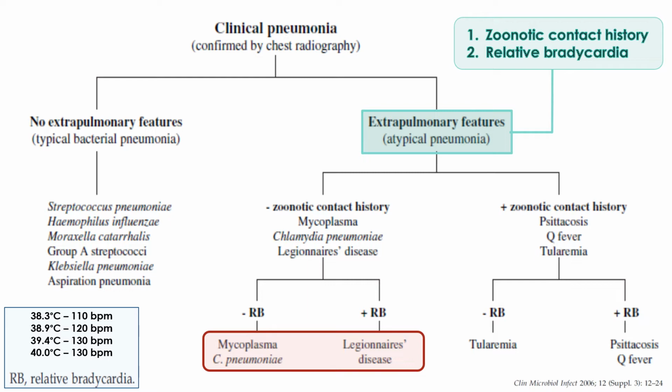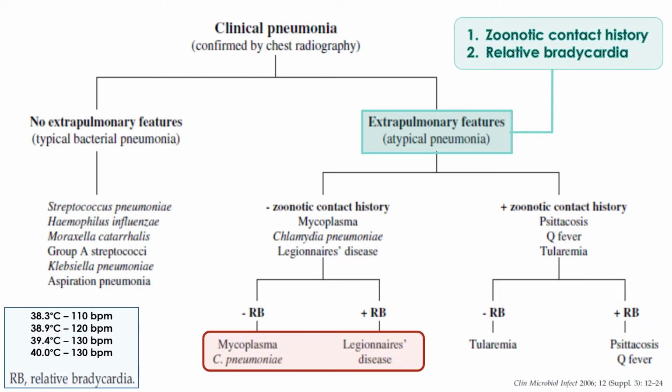Q fever is a disease caused by Coxiella, the same organism that causes endocarditis and pneumonia, but this pathogen is more common than psittacosis, but it's underdiagnosed because we have to use a specific lab to diagnose it.